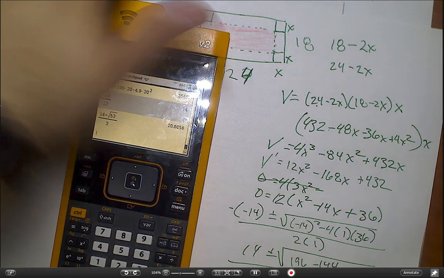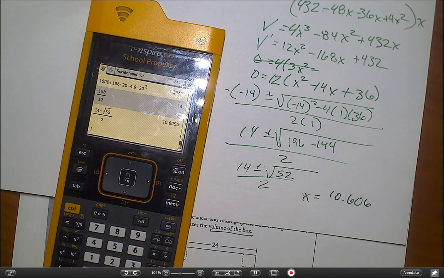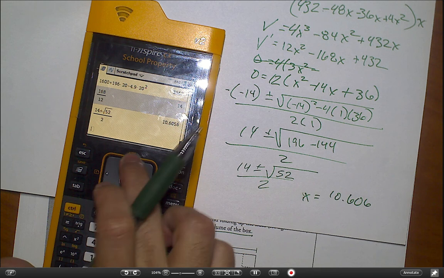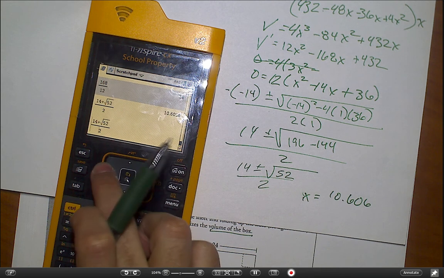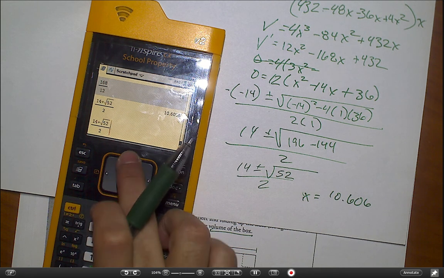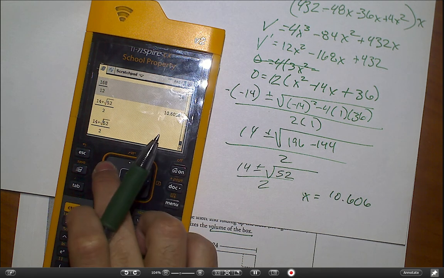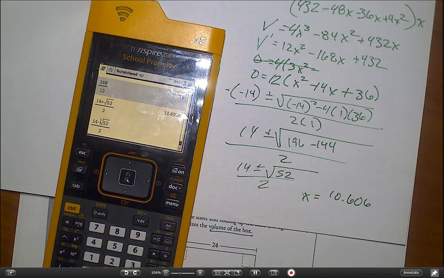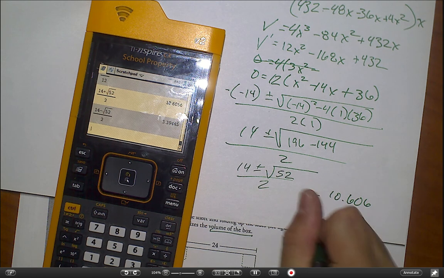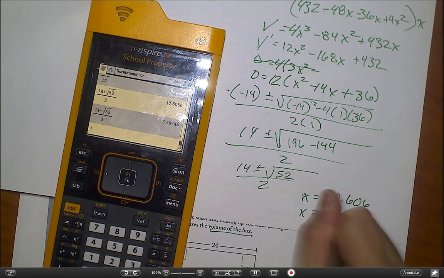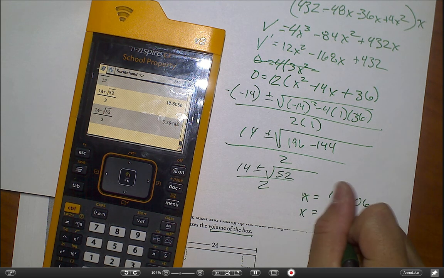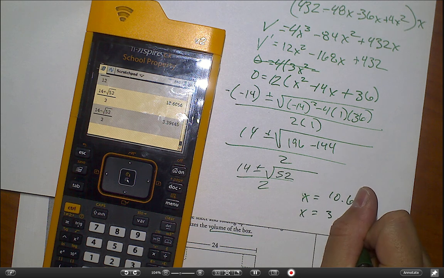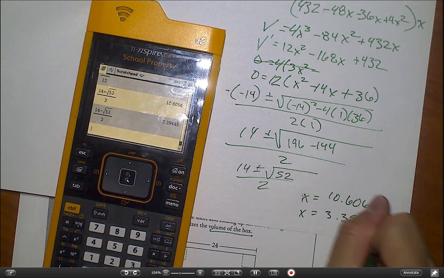Now, don't forget, AP, you have to have 3 decimals. AP is always 3 decimals. And then change that to a minus sign, and I have x is going to be 3.394.